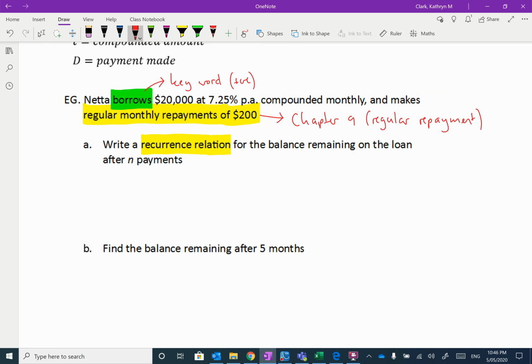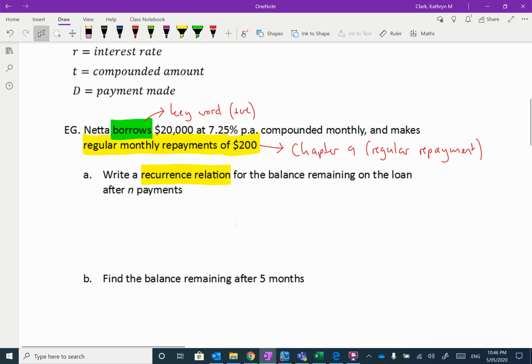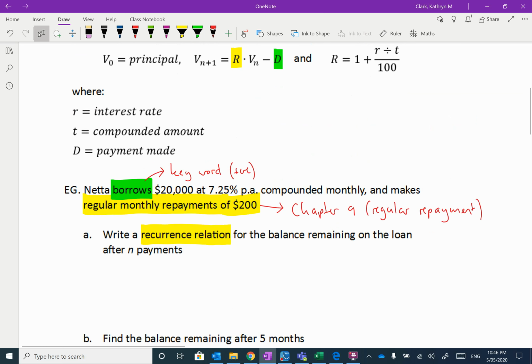My formula up here says that I need to have a principal, V0. The principal is the amount that you're borrowing. Then I'm going to have Vn plus 1, so the next term equals R times Vn minus D.